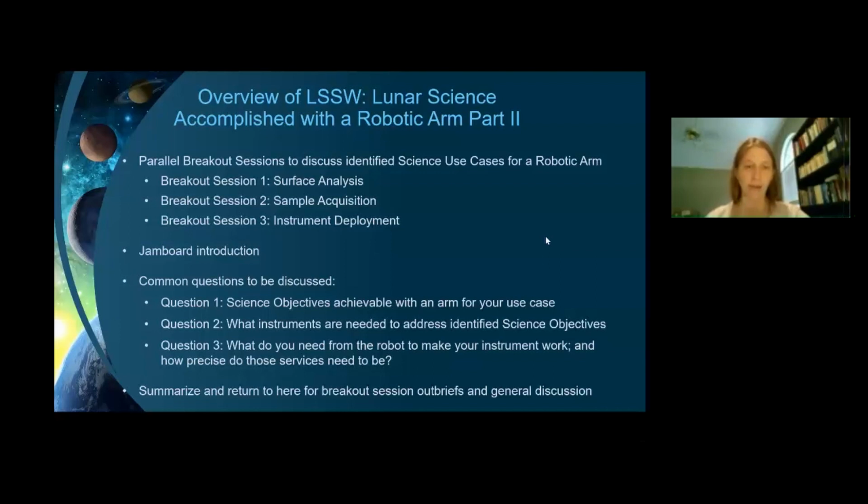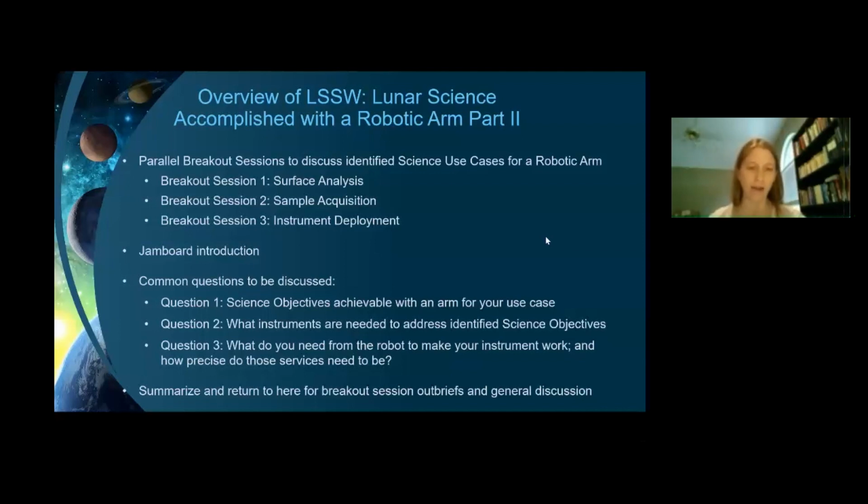The plan for our discussions: the questions that will be discussed in each of these breakout sessions include what science objectives are achievable, what instruments are needed to address them, and what you need from the robot arm to make the instrument work, and in particular, how precise those services need to be. For example, if you need contact with the surface for your instrument to work, how precisely do you need to know the contact pressure?